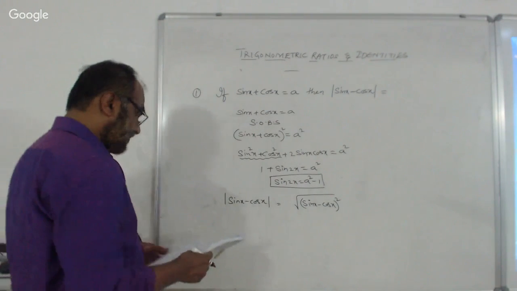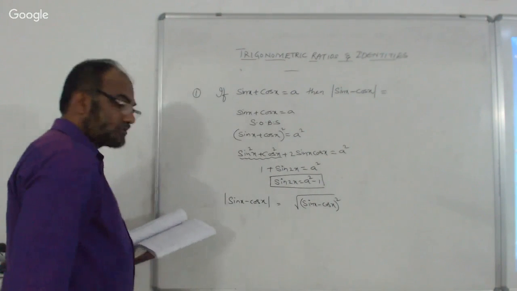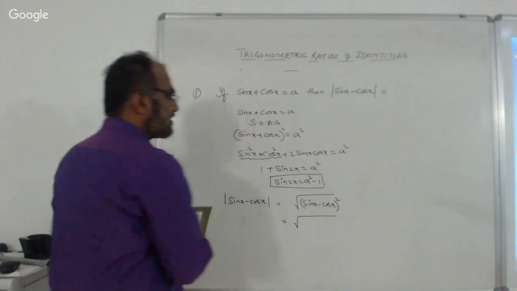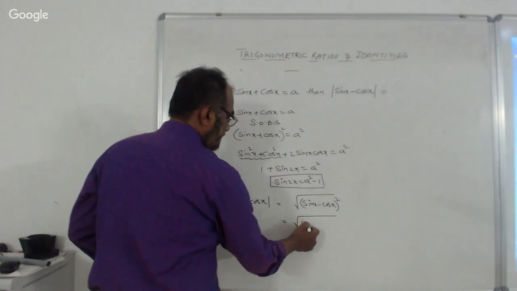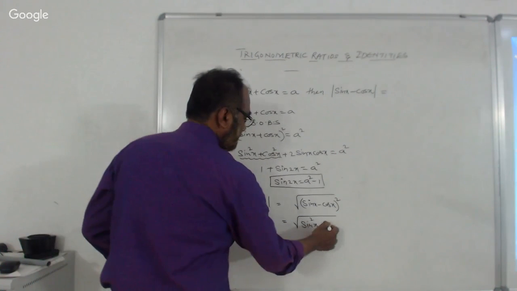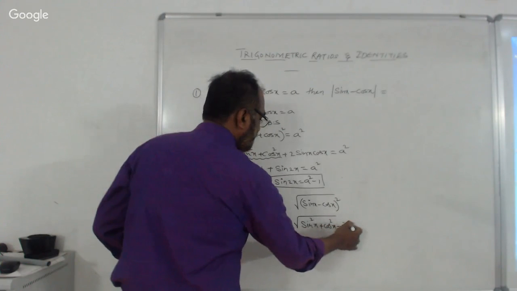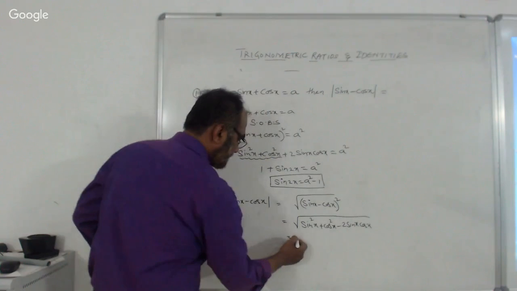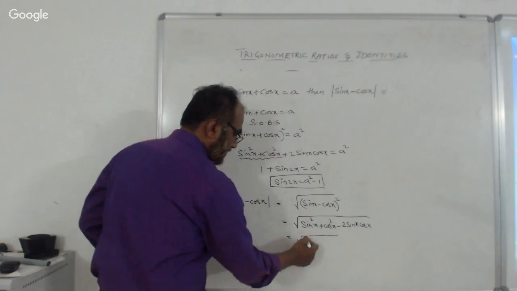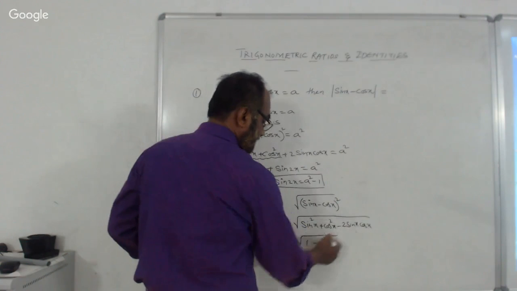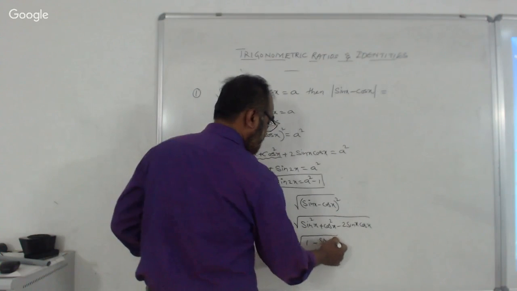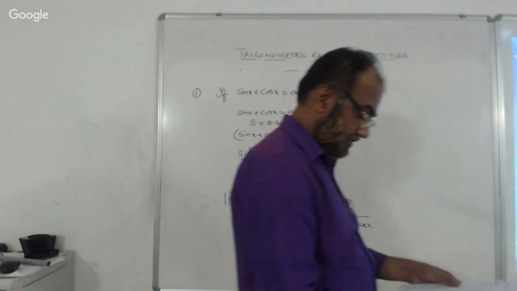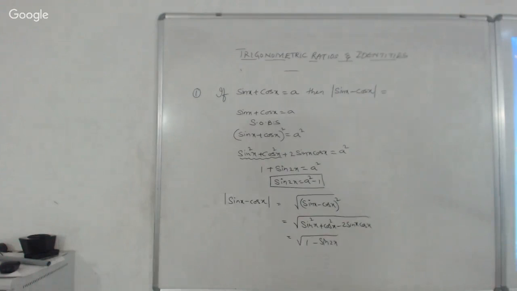Now, again, this is an a minus b whole square form: a square plus b square minus 2ab, which is under root of sin square x plus cos square x, as per the identity 1, minus sin 2x. What is sin 2x we have? a square minus 1. Substitute sin 2x as a square minus 1.